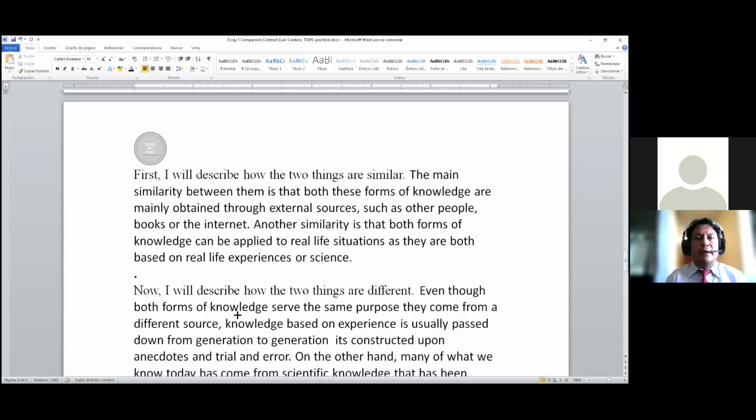First, I will describe how the two things are similar. The main similarity between them is that both, I think, both of these forms of knowledge, I think it should be both of these forms, or both of, I would say.